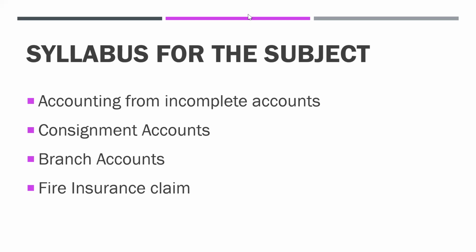Then finally, you have fire insurance claim. In fire insurance claim, you will see that in each and every question, there will be an accident related to fire. And then how will the holder of the policy, that is the fire insurance policy, claim for his loss? As we all know, insurance is a contract for protection of loss. It is not for making profit.